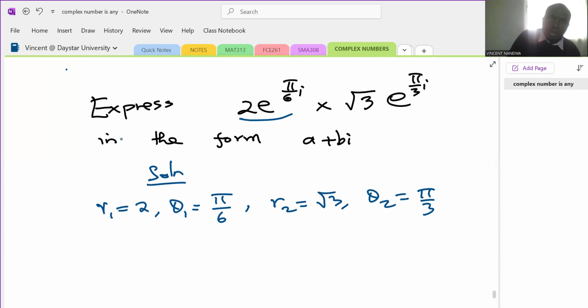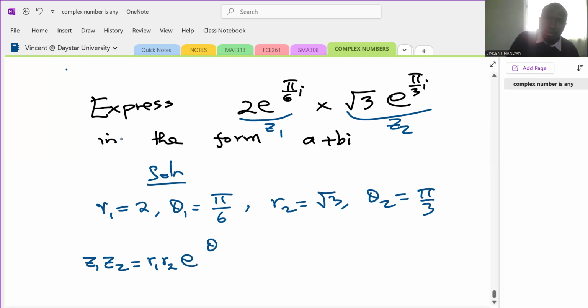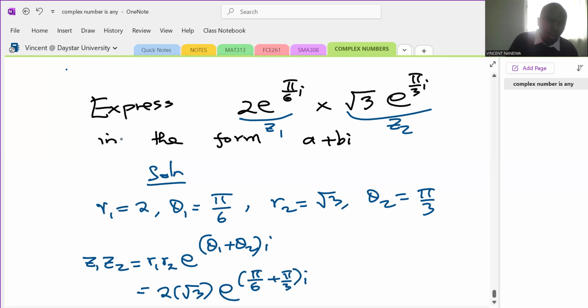So if you call this one your Z1, and this number your Z2, then Z1 times Z2 is R1 R2 e raised to the power theta 1 plus theta 2 times i. We'll have 2 times √3 e raised to the power pi over 6 plus pi over 3 i.